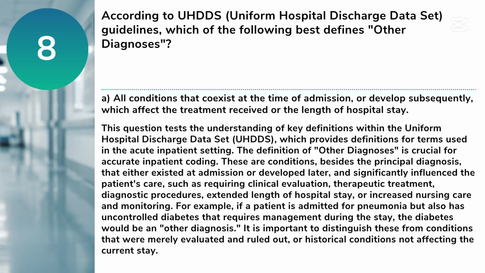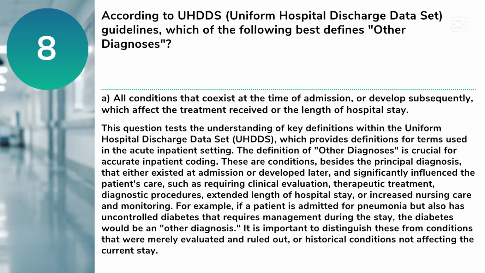Answer: A. All conditions that coexist at the time of admission, or develop subsequently, which affect the treatment received or the length of hospital stay. This question tests the understanding of key definitions within the Uniform Hospital Discharge Dataset, UHDDS, which provides definitions for terms used in the acute inpatient setting. The definition of other diagnoses is crucial for accurate inpatient coding.